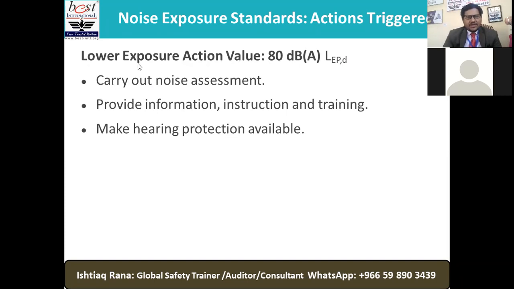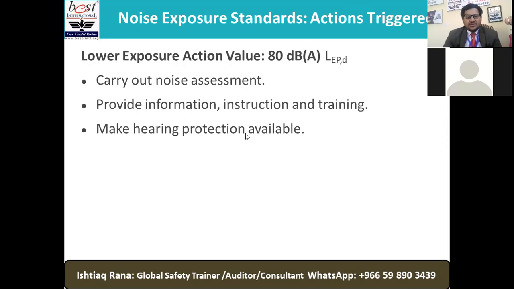If it is like 80 decibel, make sure you carry out a noise assessment. It could be third party or internal, but make sure the noise meter is fully calibrated, validated, and not giving wrong readings. Provide information, instruction, and training. And for the competent person, if you are claiming someone as a noise assessor, make sure you have evidence of his training, third party trainings, or maybe your internal training records as per the requirements.